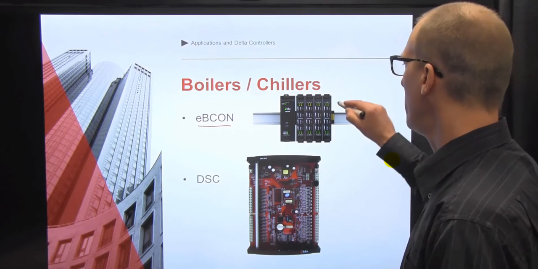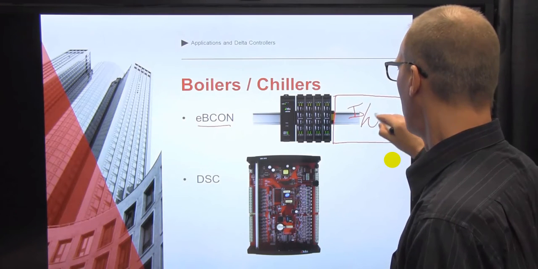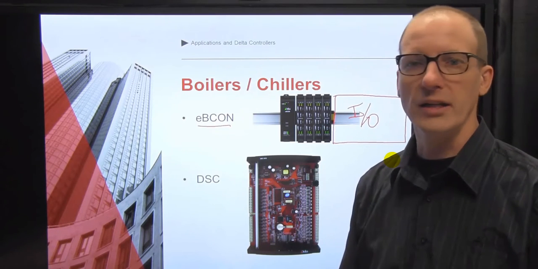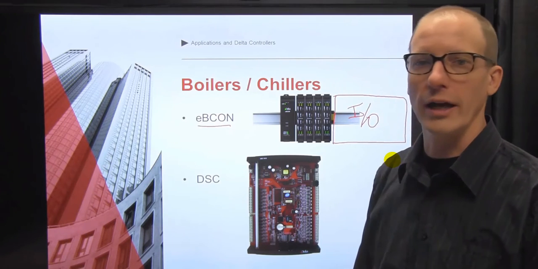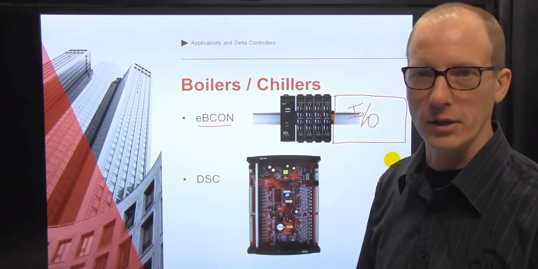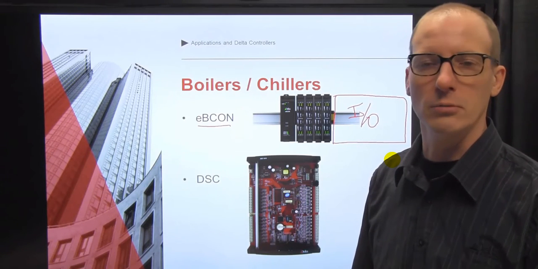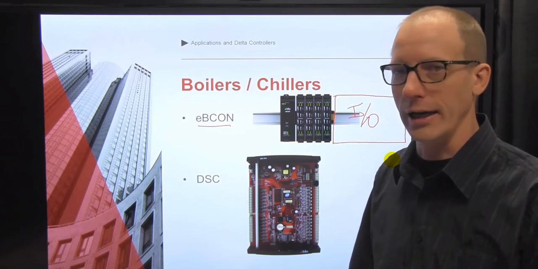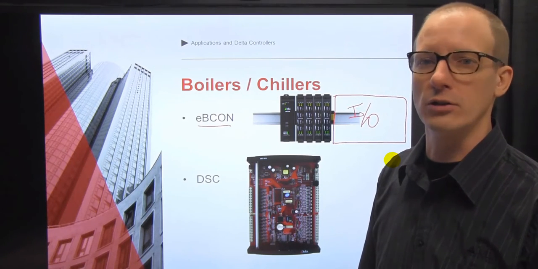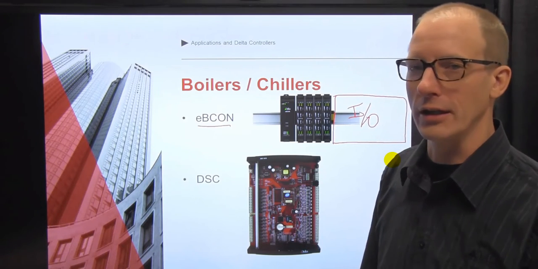An EBCON can be expanded in terms of I/O modules along the DIN rail to basically handle any reasonably sized central plant, like all the equipment, pick up everything, because this thing can handle I/O in the hundreds, essentially, in terms of its total capacity. So it's capable of running any reasonable sized central plant. It's not completely over the top. So that would be probably the clear winner.